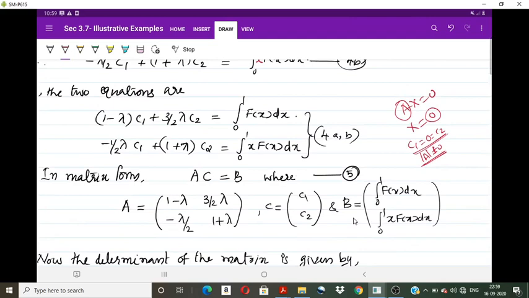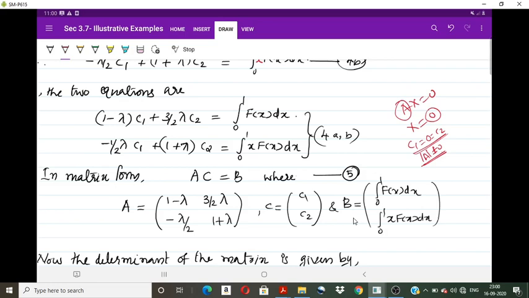Then 4a becomes, with lambda equal to 2, 1 minus 2, that is minus c1, plus 3c2, on the left side, equal to integral 0 to 1 f of x dx. Then minus 1 by 2 lambda, that is minus c1, again plus 1 plus 2, that is 3c2.